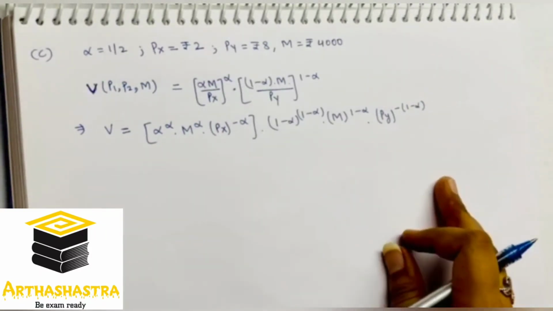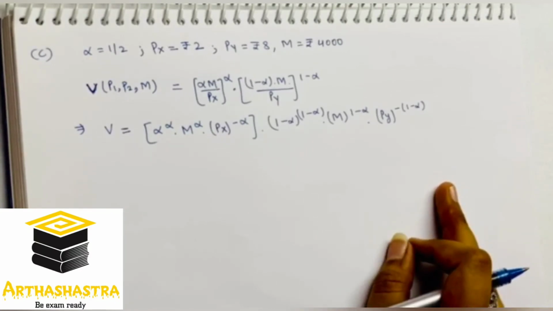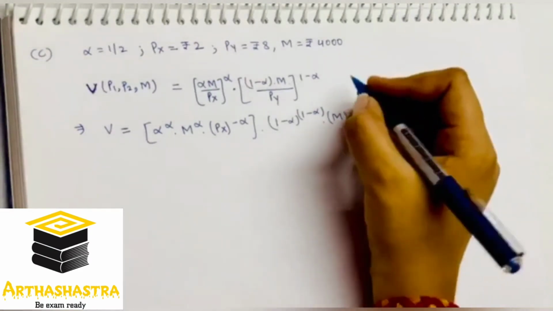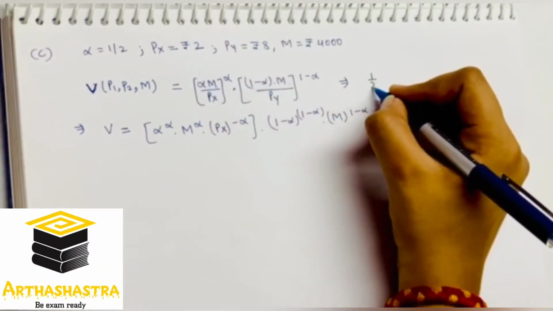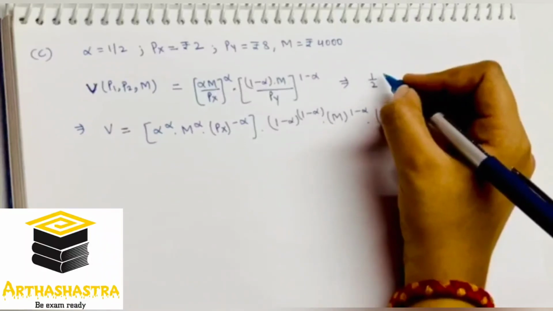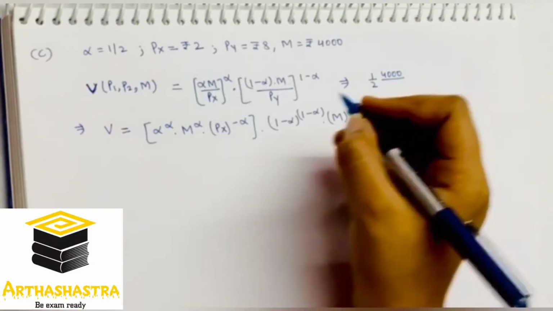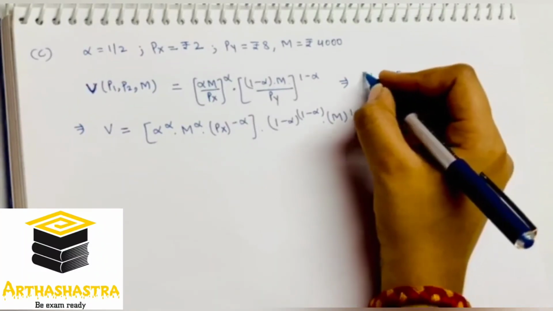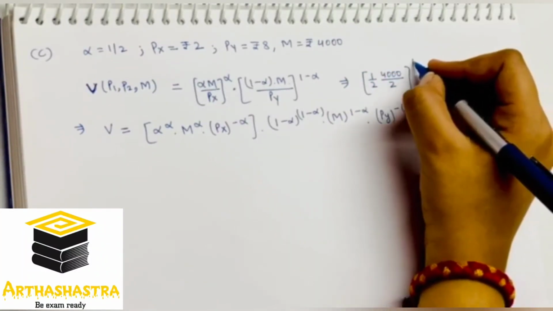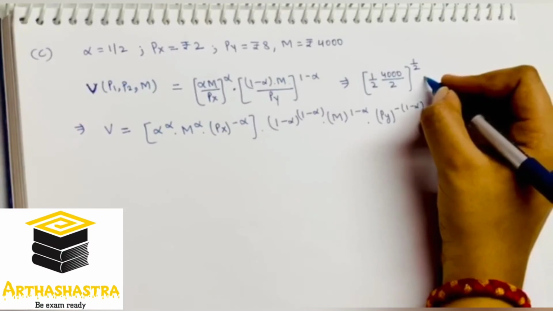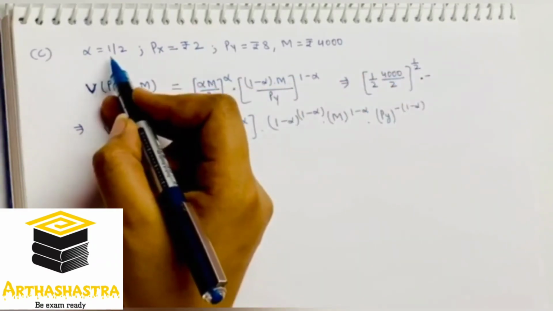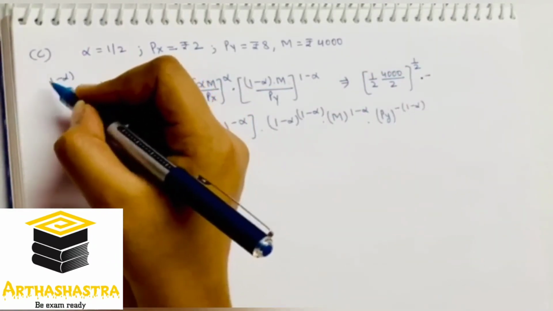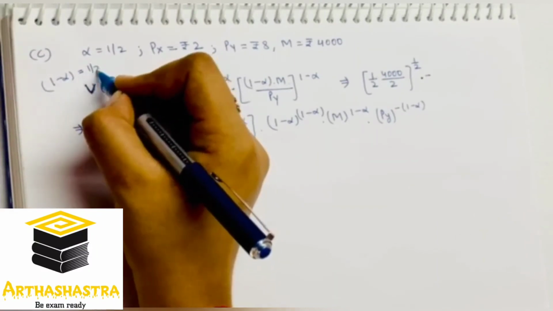We can do this numerical without expanding it as well. So let's take a short route. I'm going to substitute the values directly in this. So I'm given alpha as 1 by 2, m as 4000, and px as 2, so whole raised to the power half, times, if alpha is half, then 1 minus alpha will be equal to half only.